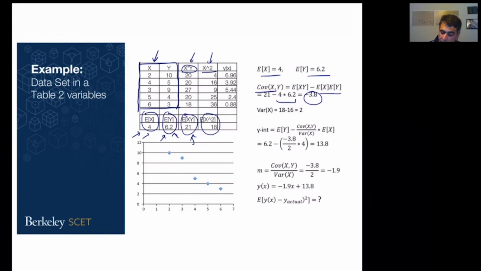And then the other thing that we're going to do is take those same values and put them into this formula, the value for the y-intercept, and we're going to get a value of 13.8. So on this graph here, if we picked a value that's approximately 13.8 and a slope equal to negative 3.8, then we get this line, which is our best linear predictor for this data.